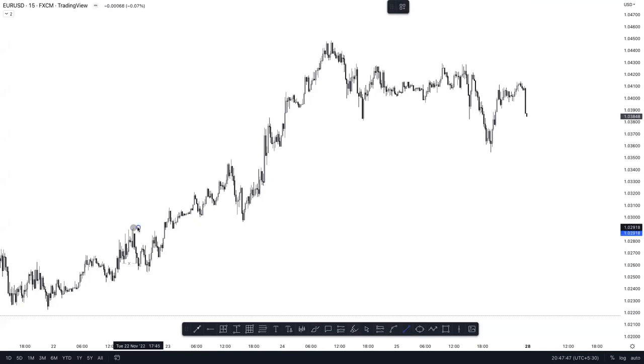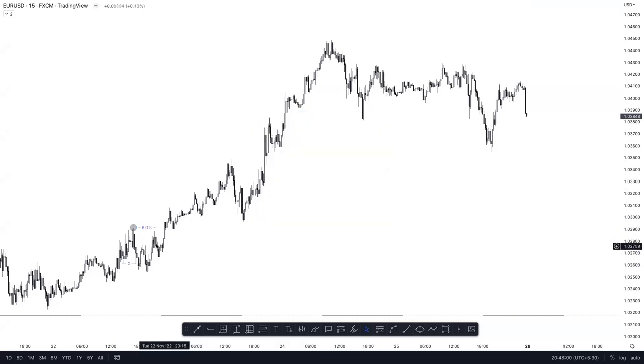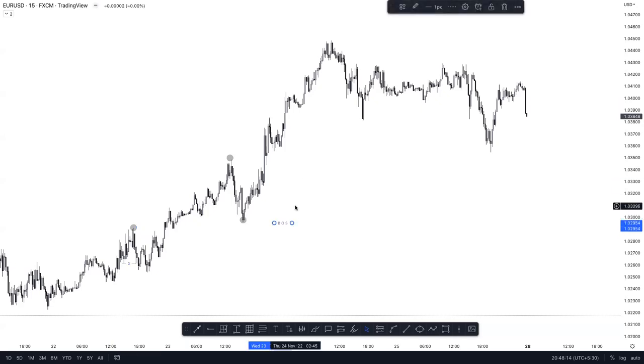and again it creates a new structure here. And again, the market goes higher high. And this one is a new high, new low.